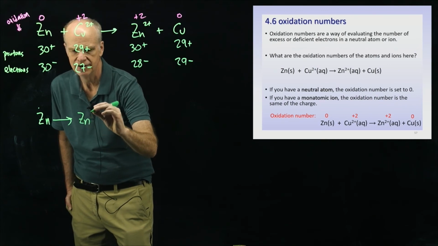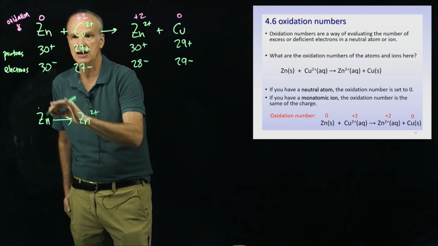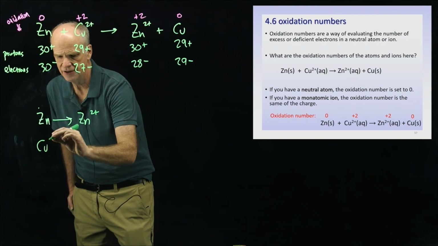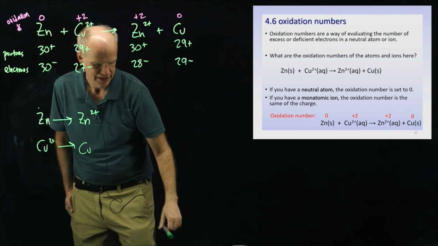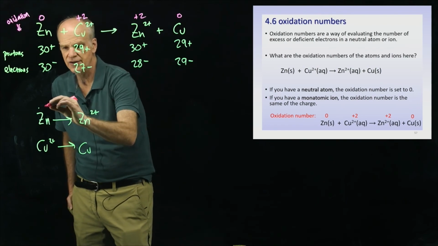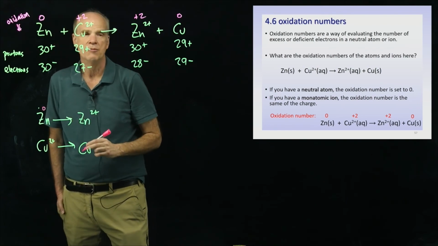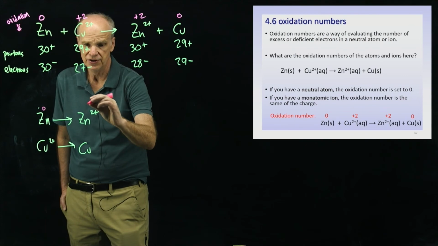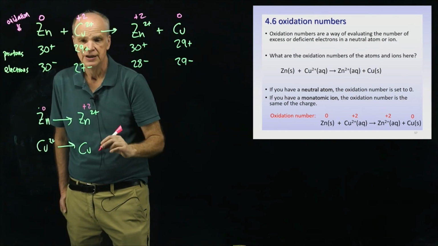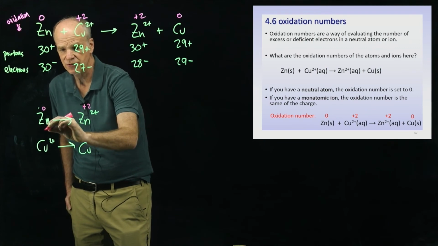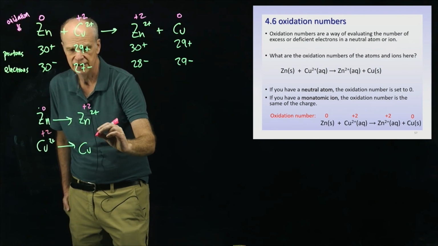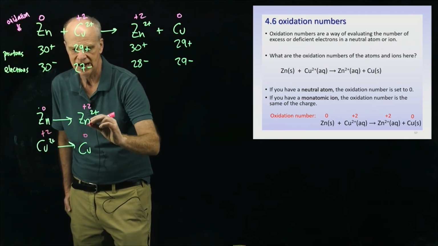And then the other reactant is copper ion, and it is becoming copper. I've indicated that zinc here has an oxidation number of 0, and then the zinc ion is +2. And so with copper 2+ as a reactant, it starts with +2, and then it goes to 0 oxidation number.